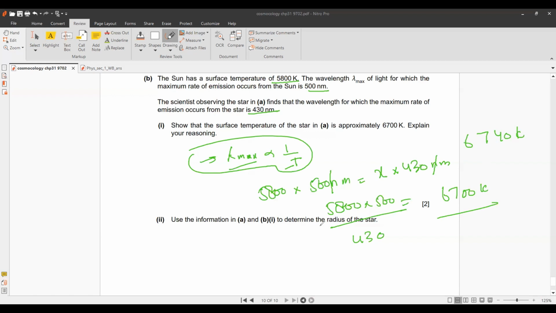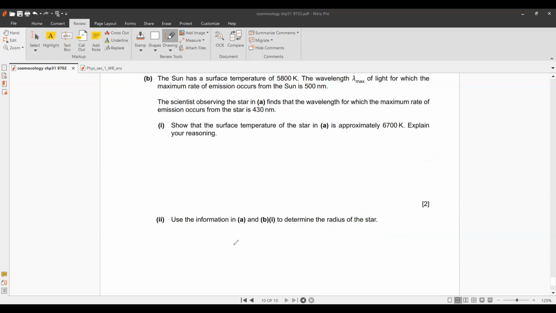And then they have asked us to find the radius of the star. For that, we are going to use F equals to... no. We will go for luminosity. We do not have that data available. L equals to 4 pi sigma r square into T to the 4. We have to calculate R. Temperature we just found out.